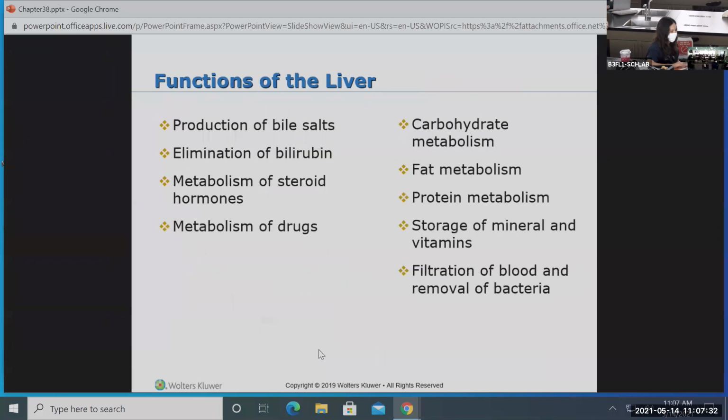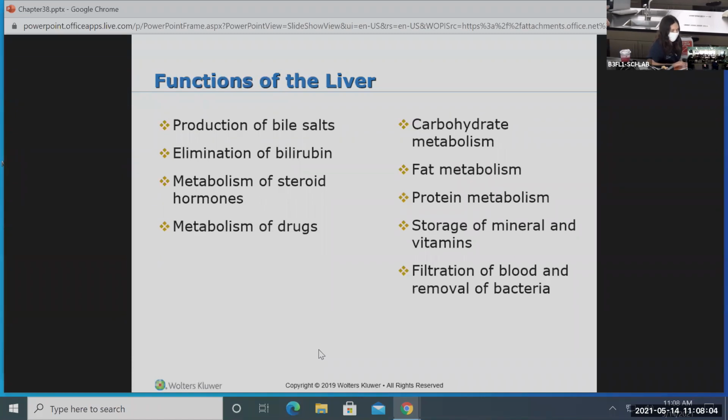Okay, so please remember the functions of the liver: production of bile salt, elimination of bilirubin. Please remember how bilirubin comes into existence. Breakdown of old RBC leads to formation of heme and globin, and heme is converted into bilirubin.